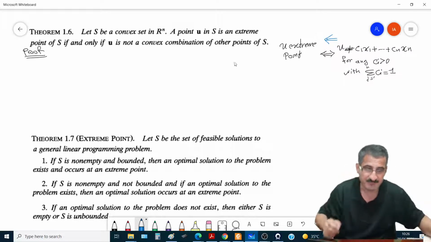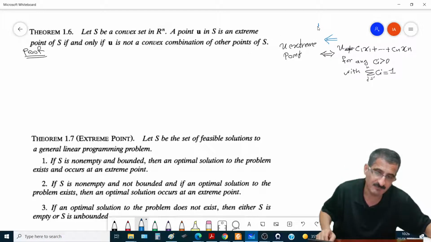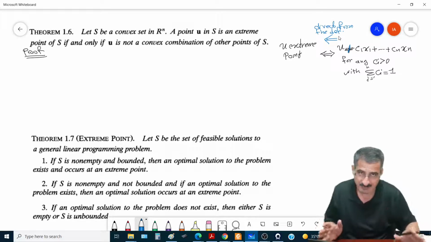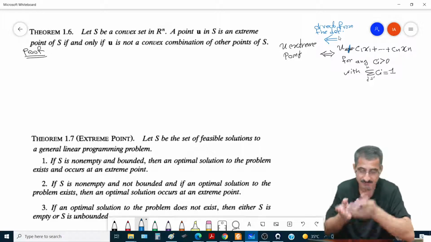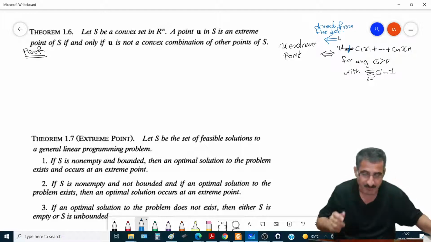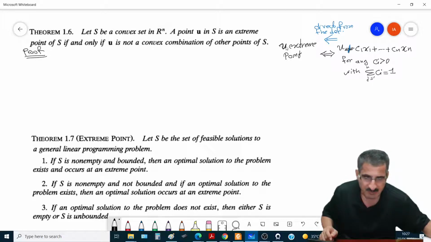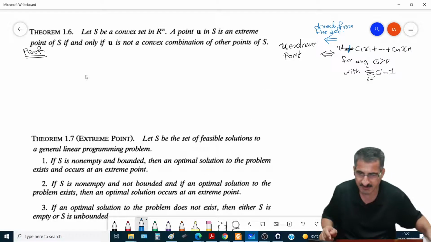So this is direct from the definition. Notice U does not equal any convex combination, so U is an extreme point. Now we want to prove the other direction.